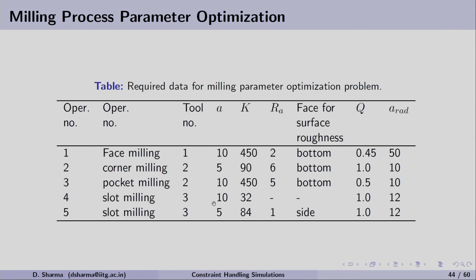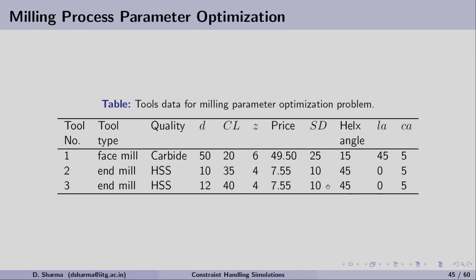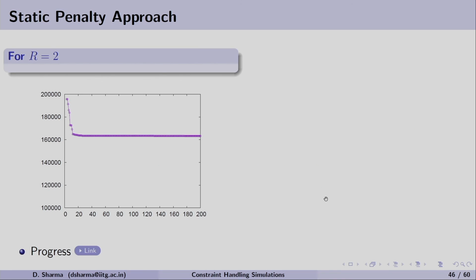Some data is also required for this particular process called milling, and all the data related to the tool are given here. Similarly, for the tool material, the other data, the price, the angle, everything is given that will be needed in the formulation.